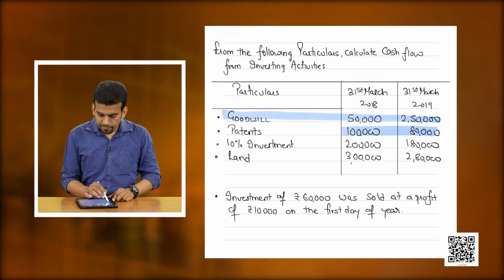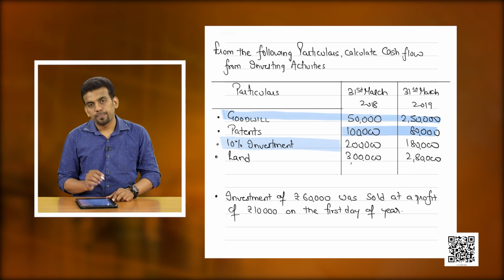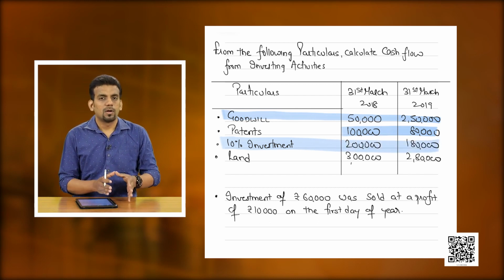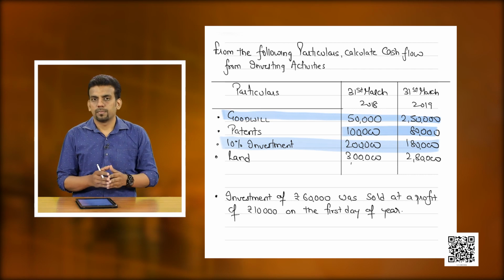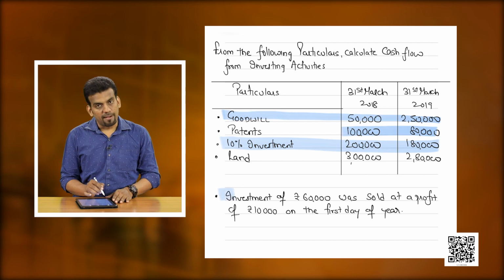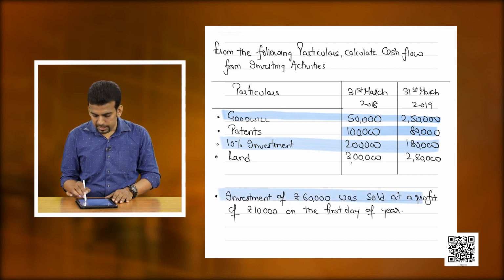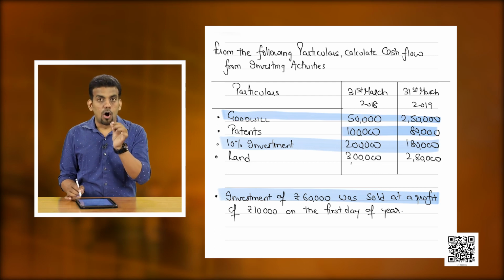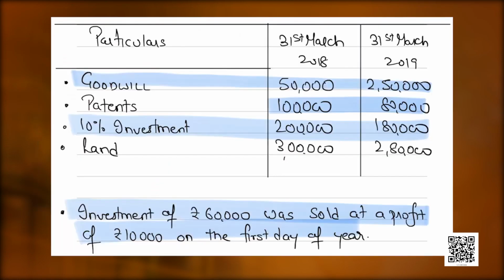Now, we have 10% investment which has reduced from 2 lakh to 180,000. And do we have an adjustment on that? Yes, we have. Investment of rupees 60,000 was sold at a profit of 10,000. Okay, we will deal with that.